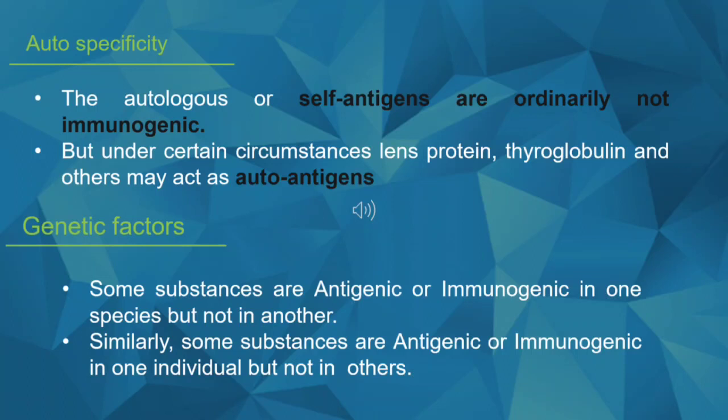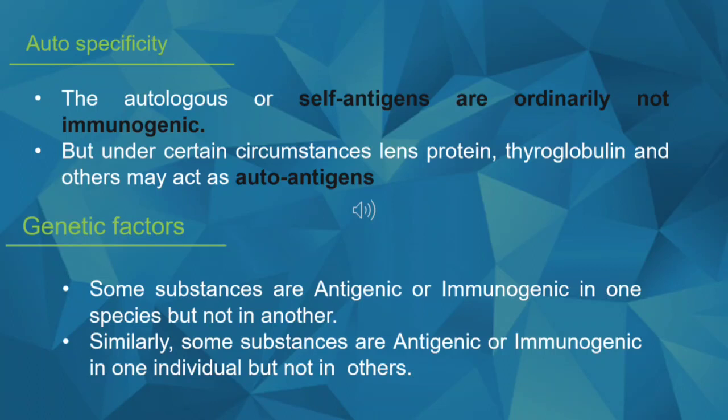And the next one is autospecificity. The self-antigens are ordinarily not immunogenic, but in some cases the lens protein of the eye and thyroglobulin and others may act as autoantigens. Some antigens, like sequestered antigens, are not recognized as self-antigens. And the next is genetic factor. Some substances are antigenic or immunogenic in one species but not in another.